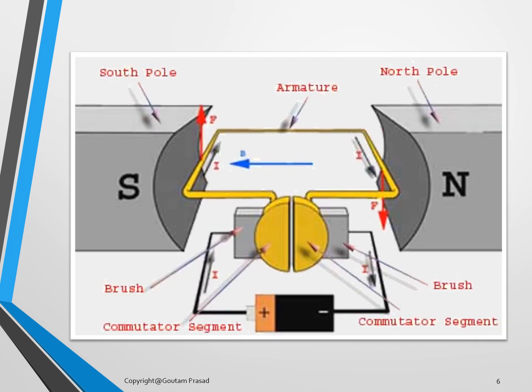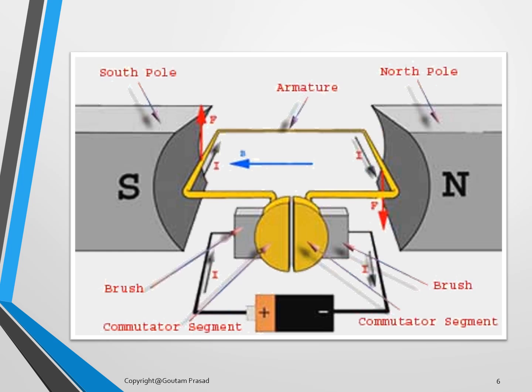Here also this arrangement has been shown where a small commutator has been connected with the conductor and the conductor is being rotated in the magnetic field because of the force that it is experiencing. This single coil has been shown for simplicity of understanding, and it has been connected with the help of a battery.